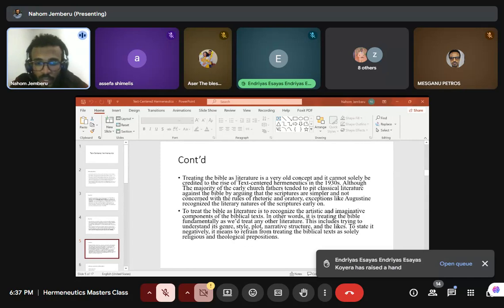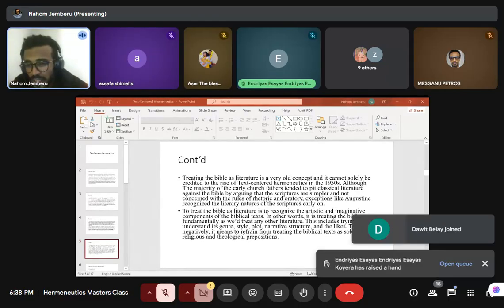So, when we read the Bible as literature, it means to understand its genre, to identify its genre. For example, if we are reading a narrative, it means to follow the plot, to try to understand how the author develops characters, how the plot moves, to identify the narrative structure and all this.